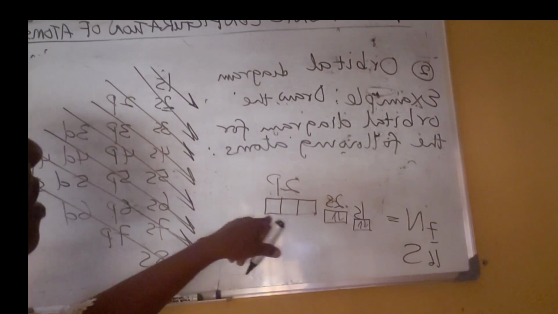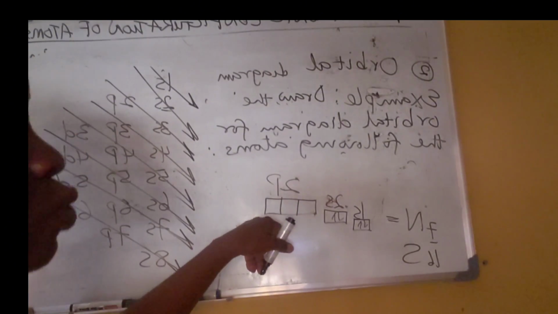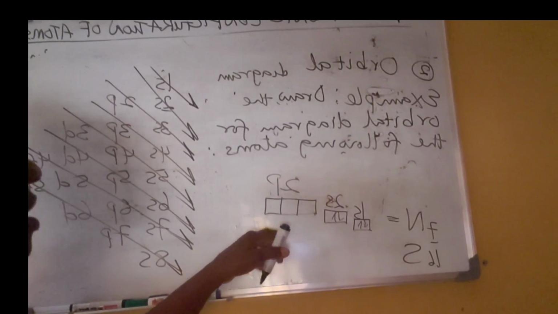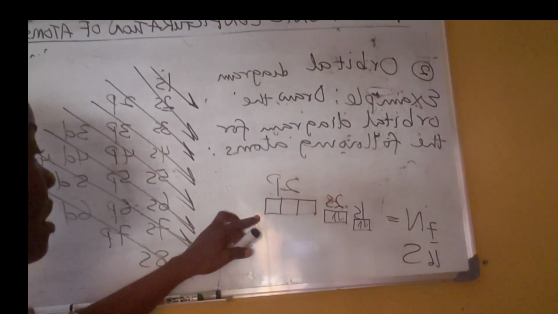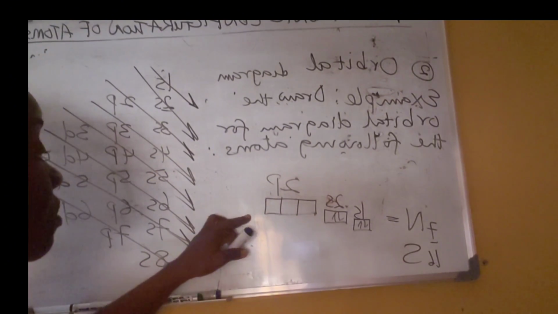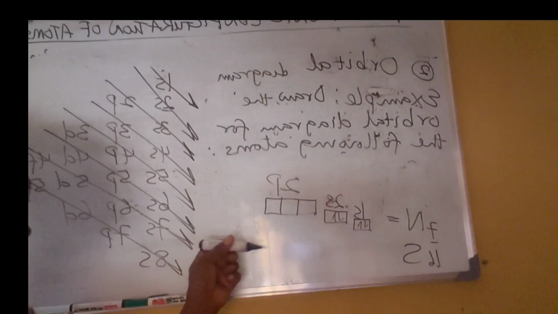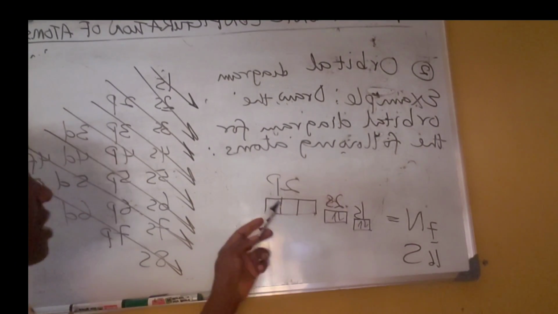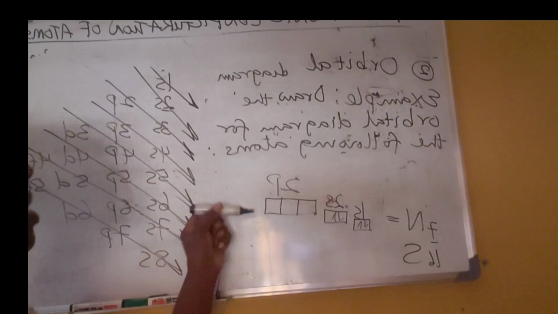When you come to 2p, it is an example of degenerate orbitals, meaning they have equal energy. You can see that all of them are standing on the same flat level, meaning that they have the same energy. That is px, py, and pz.